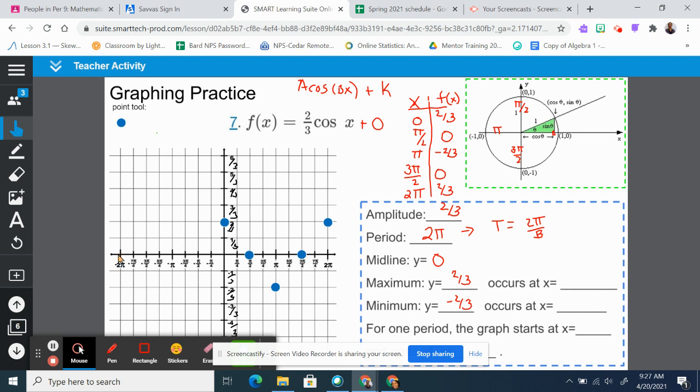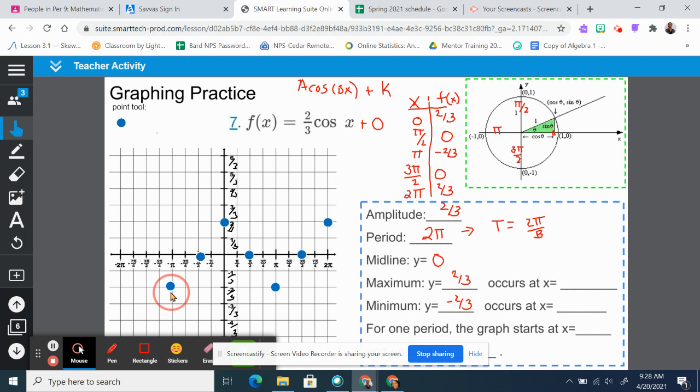We can also work our way backwards. So instead of going counterclockwise, I can go clockwise. I start here and go backwards, so I go negative pi halves. That will give me the same value as 3 pi halves, same place, so that will give me 0. If I were to go to negative pi, it would give me the same value as pi, so -2/3.